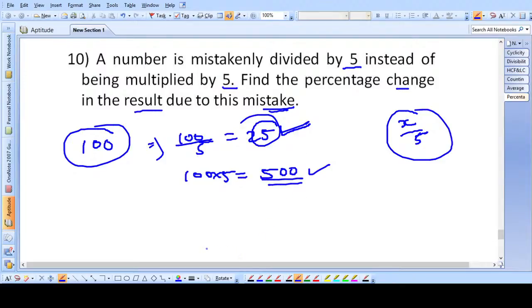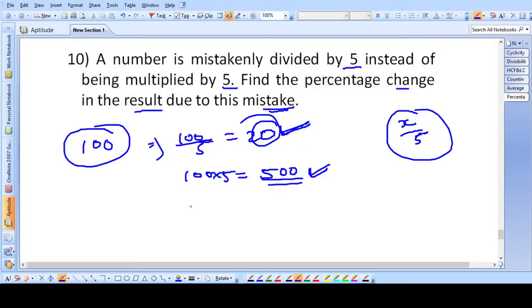Oh sorry, one more blunder. It's not 25, it's just 20. So this is my mistake. So the value which should be 500, you wrote as 20.